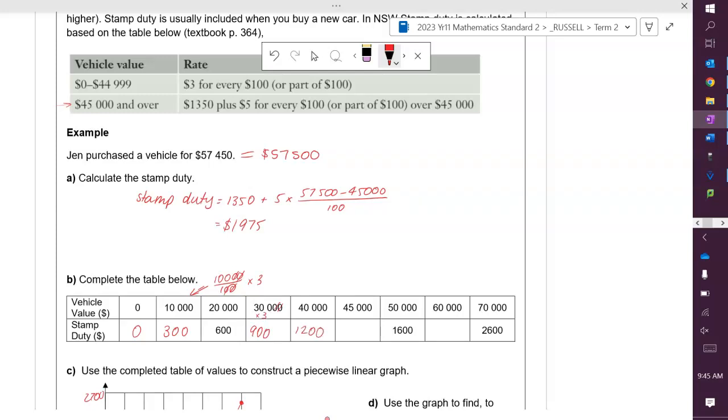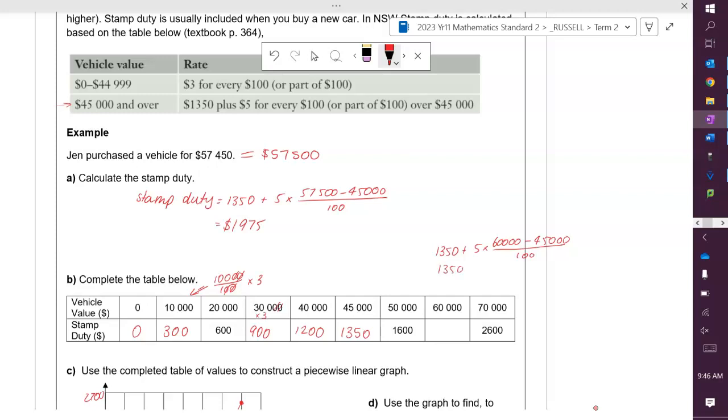But now I get to my $45,000. $45,000 is $1,350 plus $5 for every 100. I'm on exactly $45,000, so that's going to be my $1,350. $50,000 is $1,600, and now I need to calculate what it's going to be for $60,000. Similar to what I did up here, it's $1,350 plus 5 times 60,000 minus 45,000, all over 100.